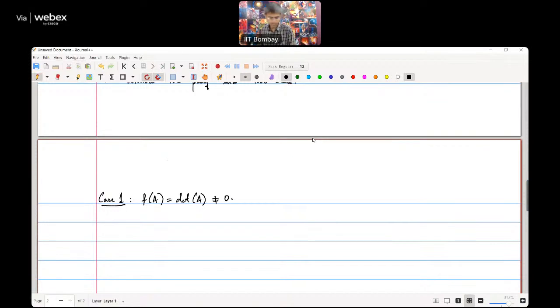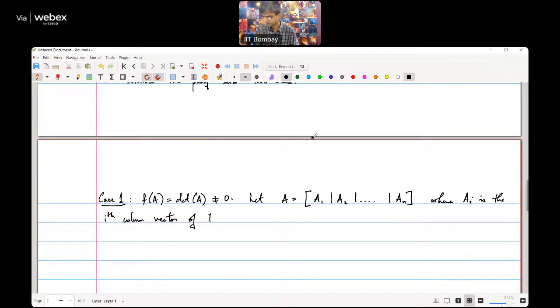So in this case, let us write A as a matrix with columns A1, A2, ..., AN, where AI is the ith column vector of A. Okay.